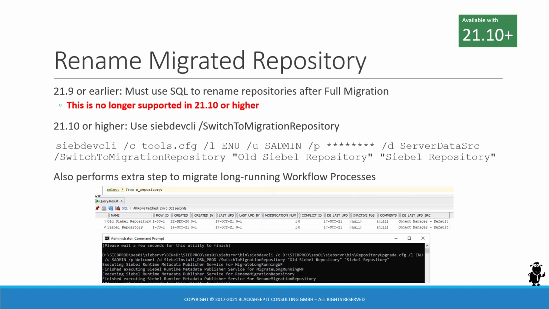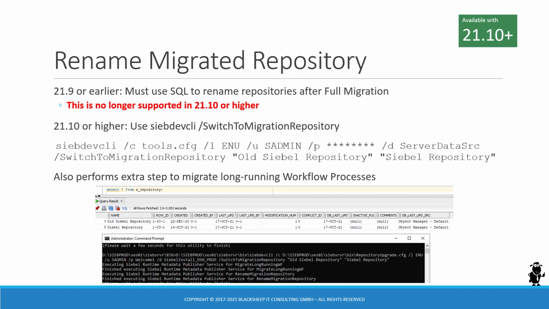We learn from the database upgrade guide that the full migration of the repository using the migration application or the related business services no longer supports renaming the repositories by hand using SQL, which is the way you had to do it until 21.9. So in 21.10, this is no longer supported.